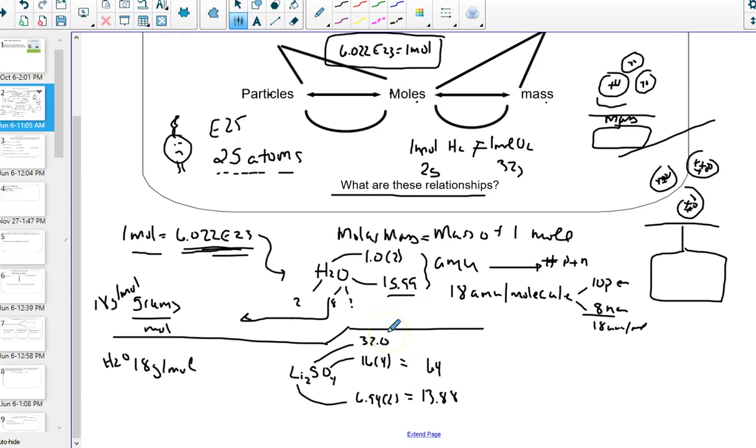And if this is 32, just straight 32 for that guy. So 32 plus 64 plus 13.88, and we're going to get a whopping 109. That's grams per mole, but it also would be AMUs per atom.